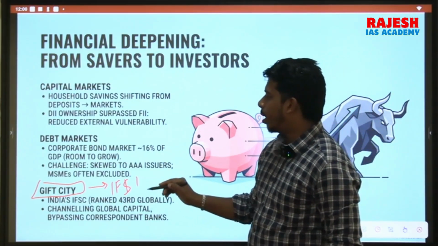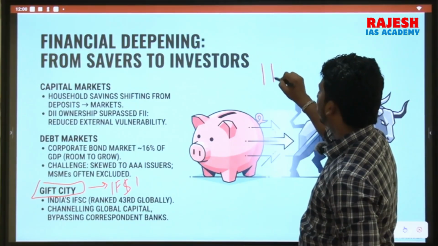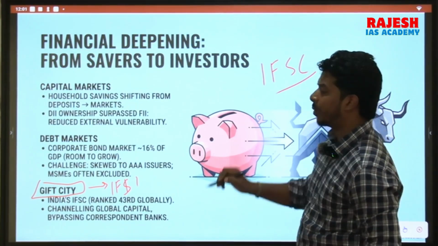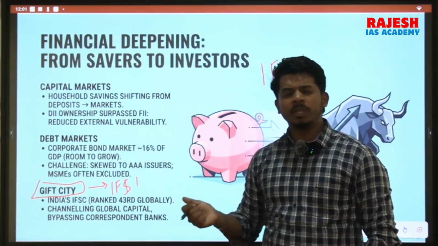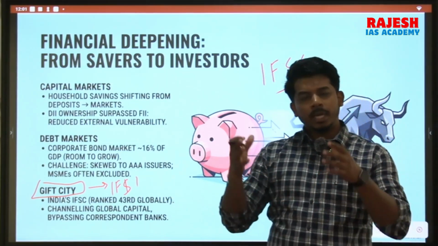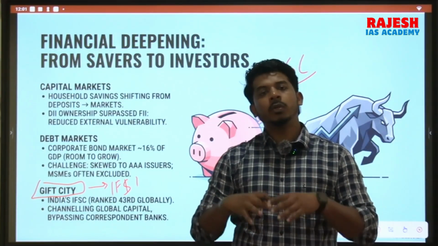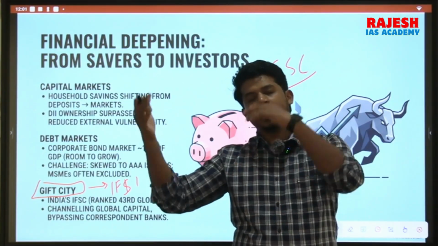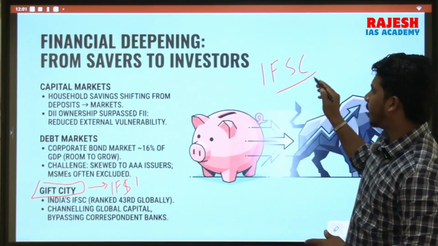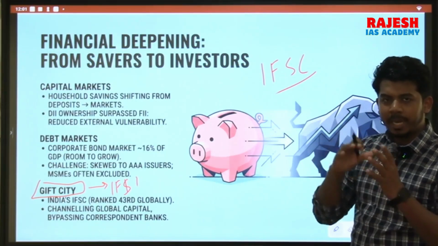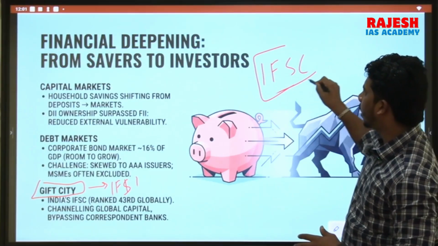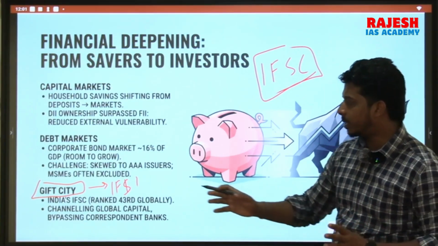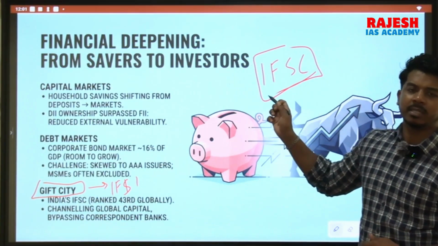Till now, whatever we have been talking about in financial intermediation, we were talking about within India. When you do financial intermediation between countries across the globe, it is international financial services. The institution which provides this is an International Financial Services Centre. Now what is GIFT City? GIFT City is an international financial center.